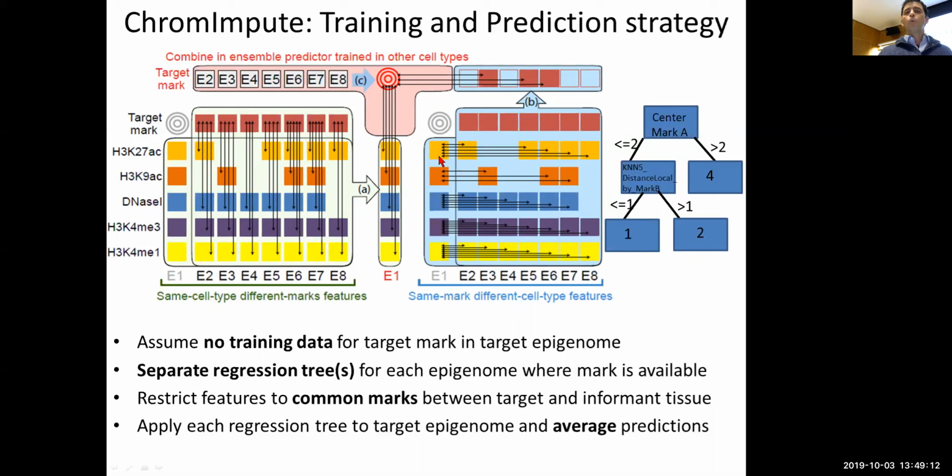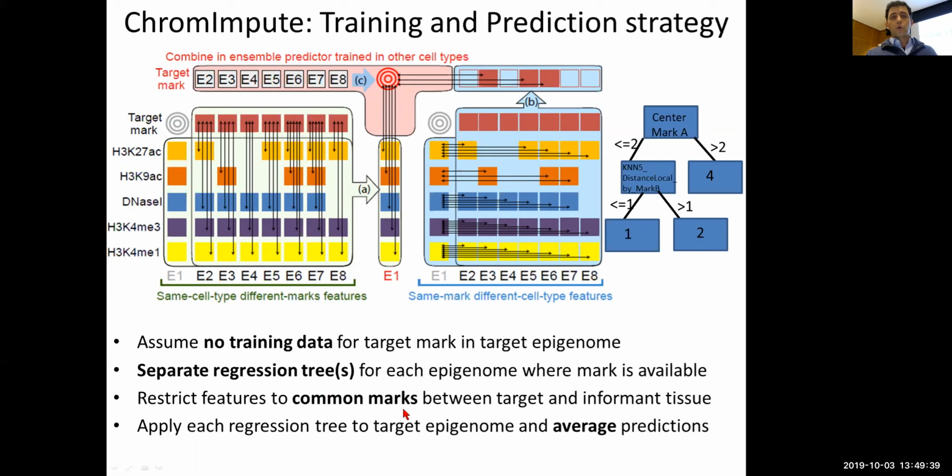So I can learn which cell types are the most informative for this cell type across other marks. So I'm using both the cell type to cell type similarity as inferred from other marks and the mark to mark similarity as inferred from other cell types. Raise your hand if you're with me. Awesome. So combining the two, I can now try to predict that missing mark in that cell type.